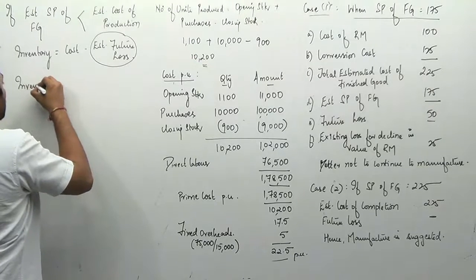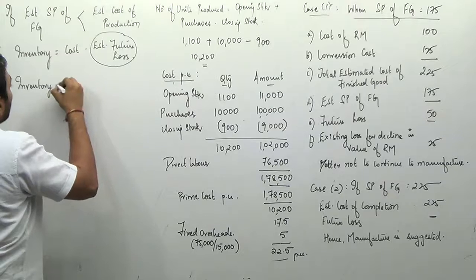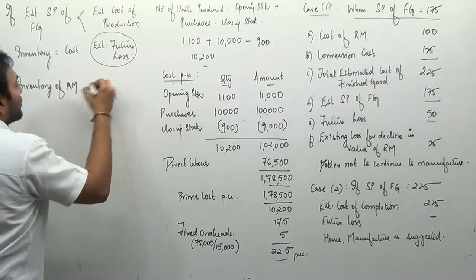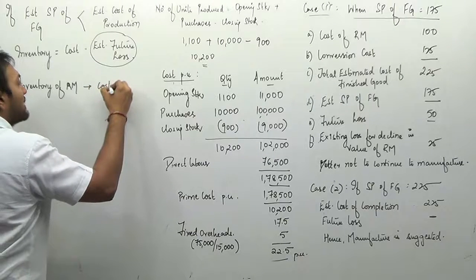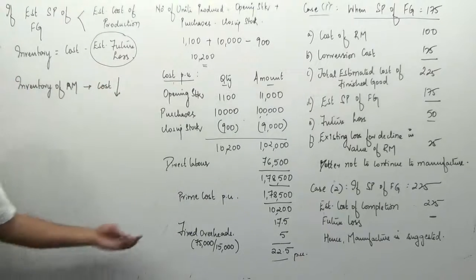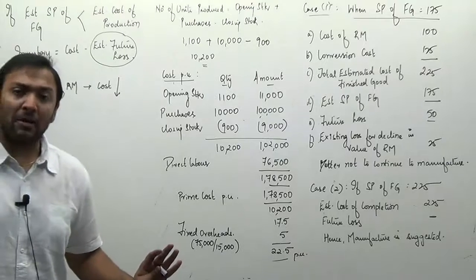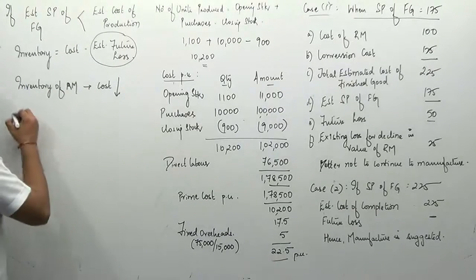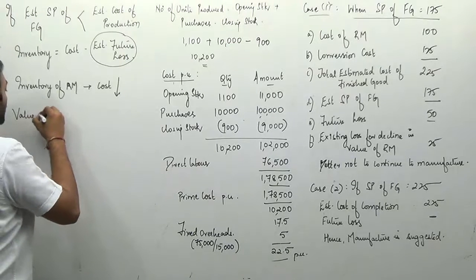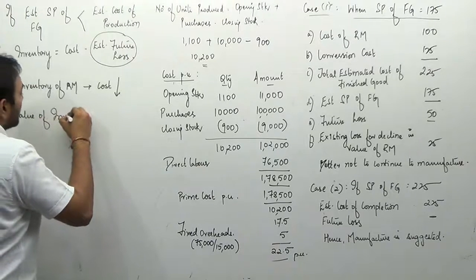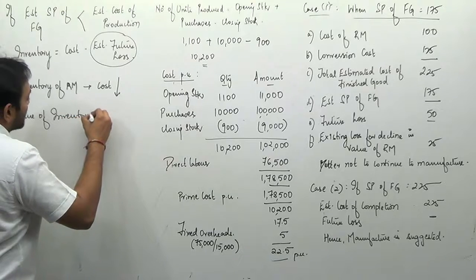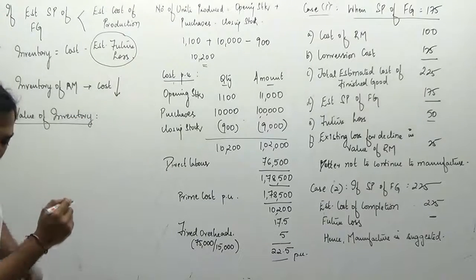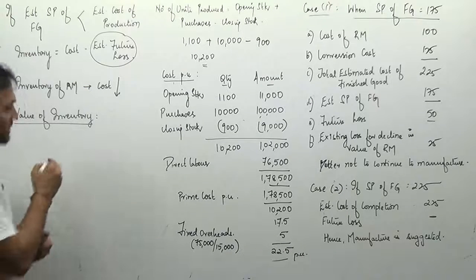So the inventory of raw material should be always valued less than cost. Now, what is the most reliable measure that you can take from this? 300 rupees per kg. So my value of raw material is equal to, let's take it at realizable replacement cost. How many kgs are left out? 10,000 kgs.